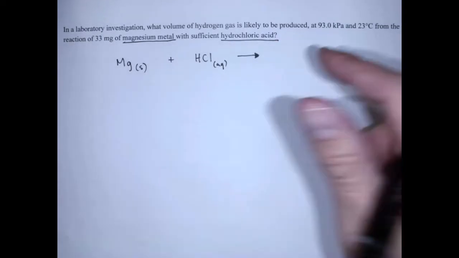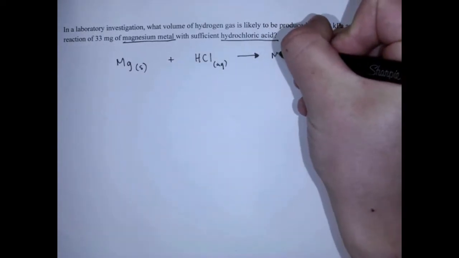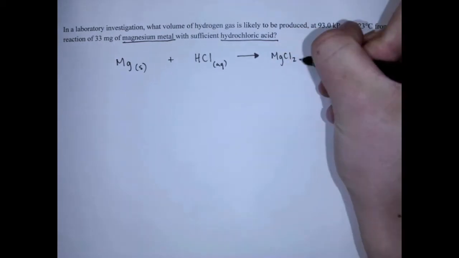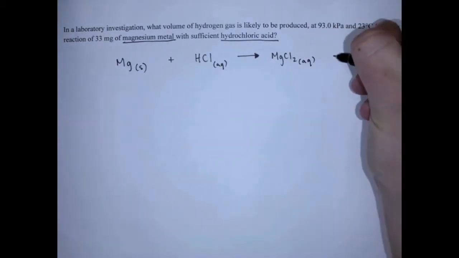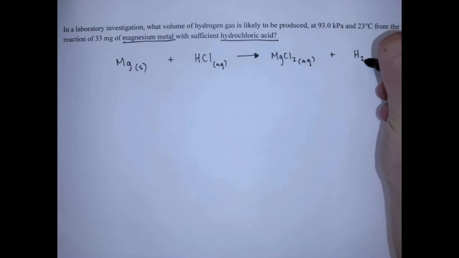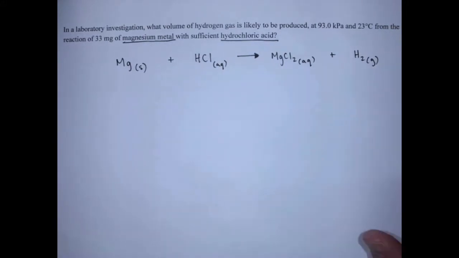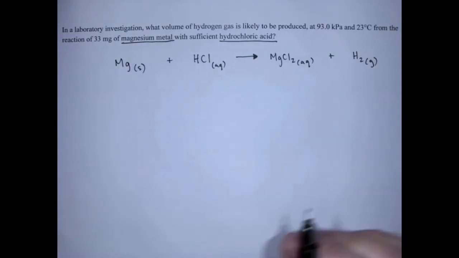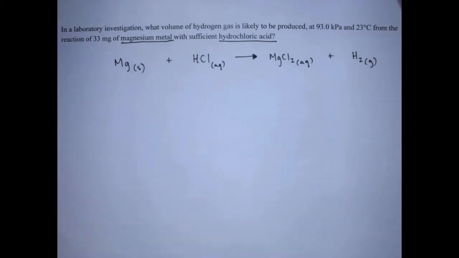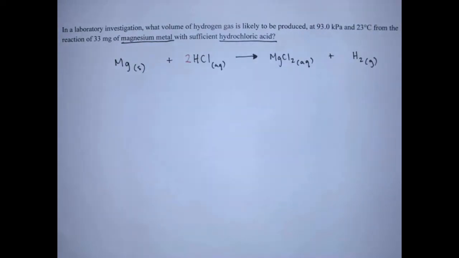So the magnesium is going to kick out the hydrogen and form magnesium chloride. And the other product is hydrogen gas. And to balance this, I need to put a 2 in front of the hydrochloric acid. And looks like we're ready to go.